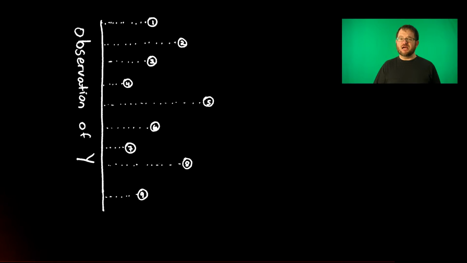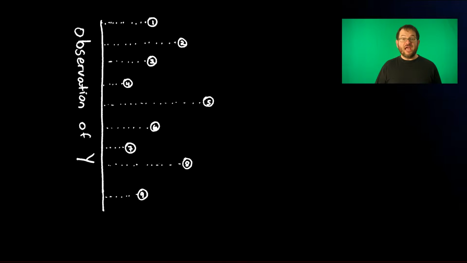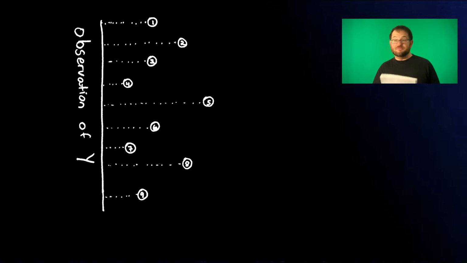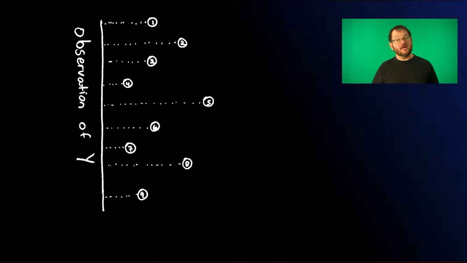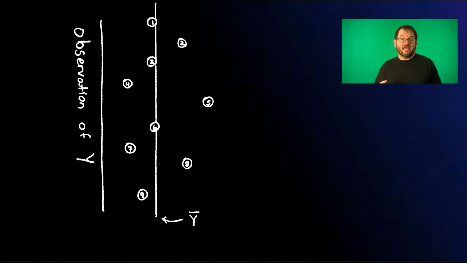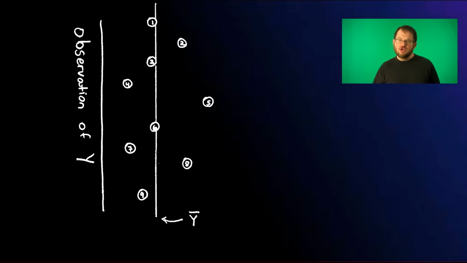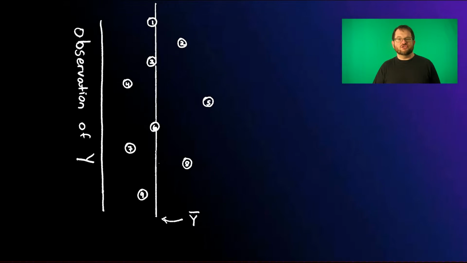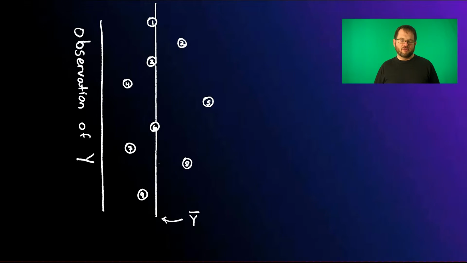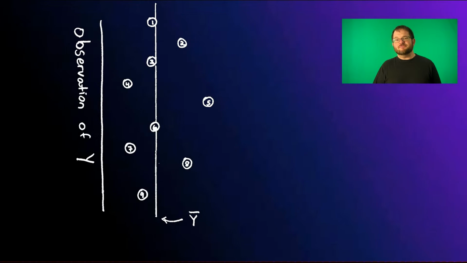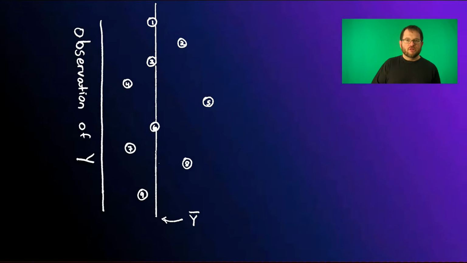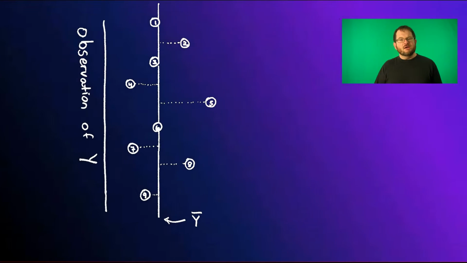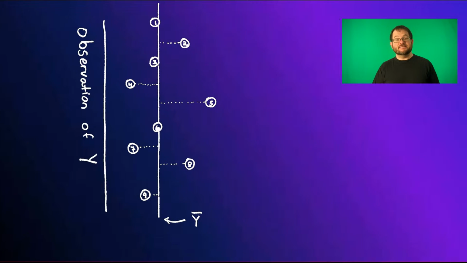Well, if we took those 9 observations of y, the real physical process y has some mean that describes it. We just don't know what that mean is, but based on the 9 observations that we have, we can take the average of it, y bar, which I'm illustrating here. That is the average of those 9 observations of y that we have lined up like a little bar graph. Each of the observations is either above or below, or hypothetically exactly on y bar, the average, but in general they are some distance away.